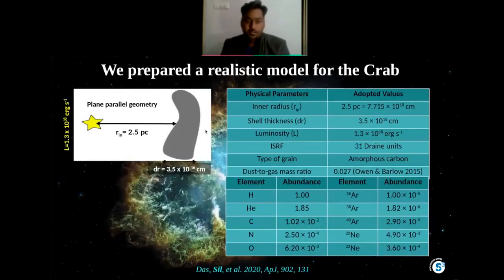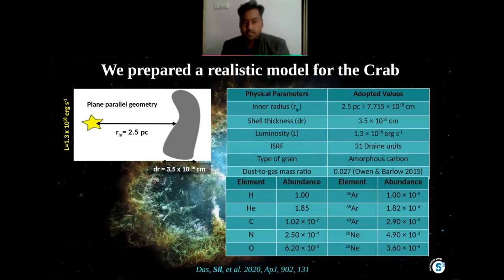After reproducing the features of the diffuse interstellar medium with our model, we prepared a realistic model for the Crab. For that, we used the Cloudy spectral synthesis code with plane parallel geometry and a radius of 2.5 parsec.